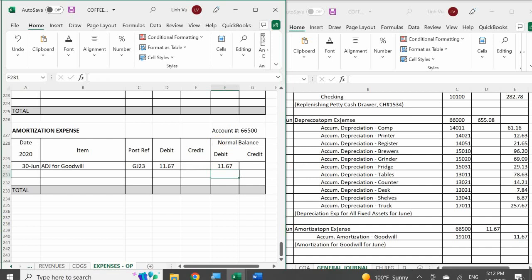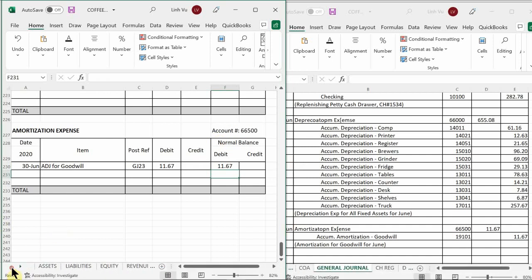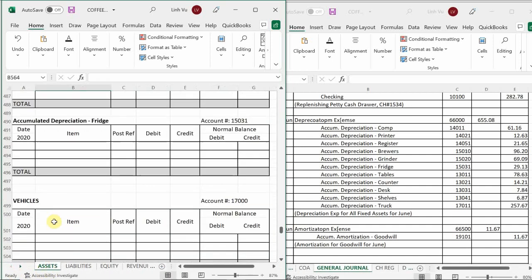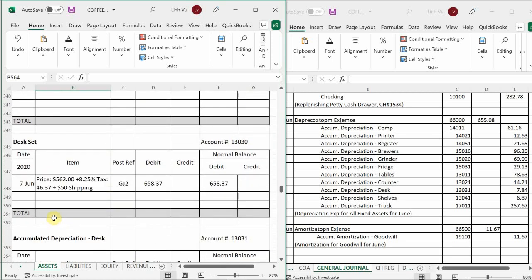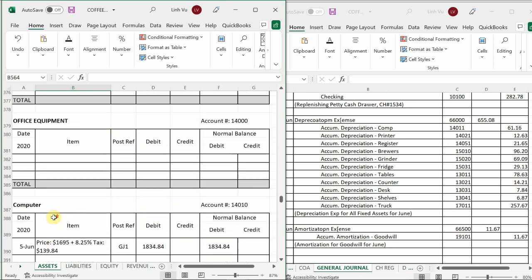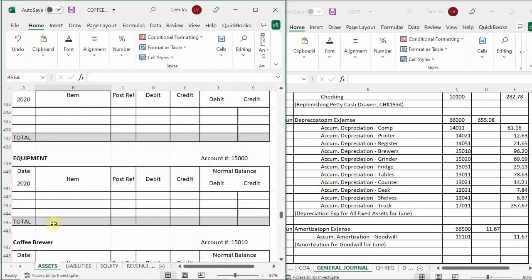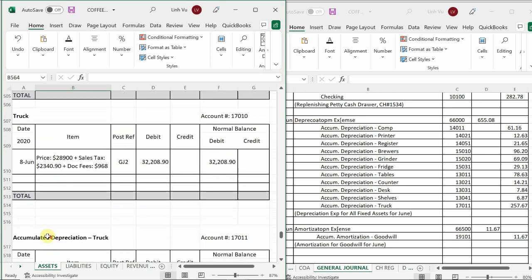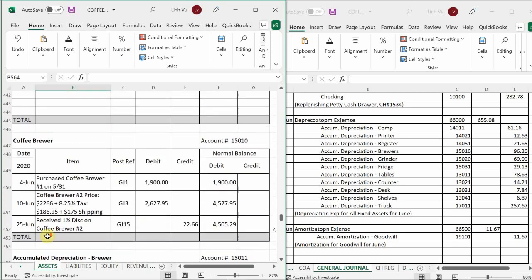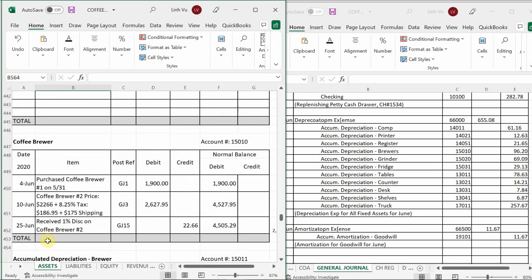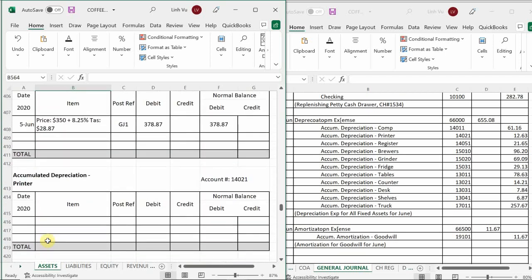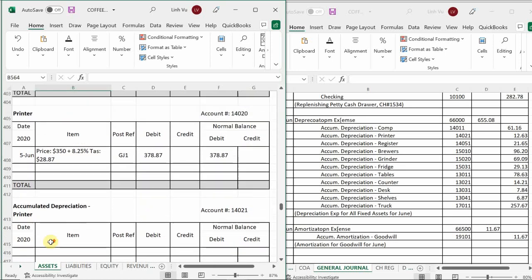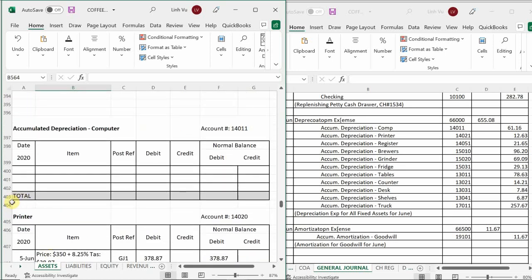So now let's fill out every single accumulated depreciation on this list, starting with the very first one, which is the accumulated depreciation for the computer. Okay, so let's see. We got the truck here. Okay, accumulated depreciation for the printer. Okay, so we're close. Here you go. Accumulated depreciation for the computer.